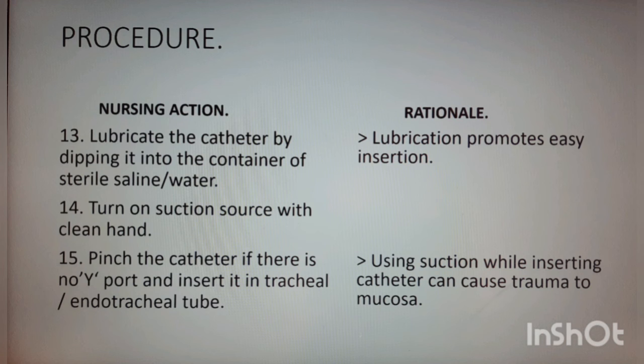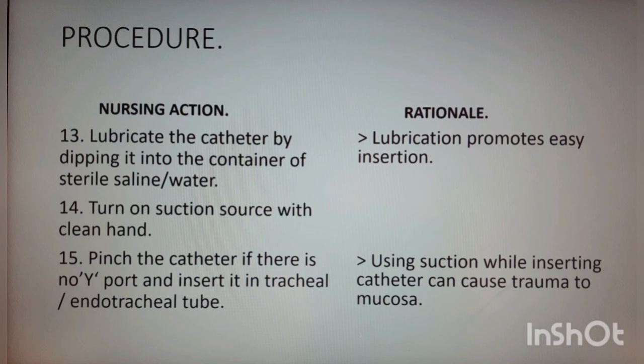Next, pinch the catheter if there is no Y port and insert it in the tracheal or endotracheal tube. Insert the catheter about 12.5 cm, that is 5 inches, for adults, less for children, or until the patient coughs or you feel resistance.